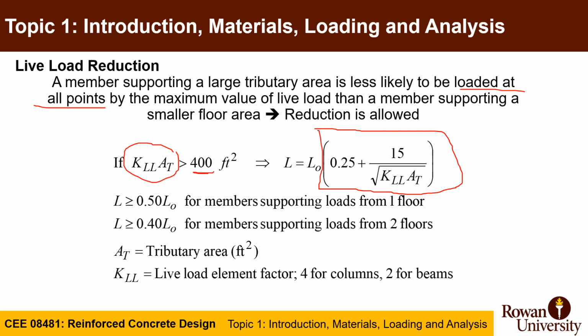If your member is supporting one floor only, which is more likely to be a beam, you cannot reduce more than 50%. If supporting two floors, you cannot reduce more than 60%. As we mentioned, A_T is the tributary area, and K_LL is the live load element factor.